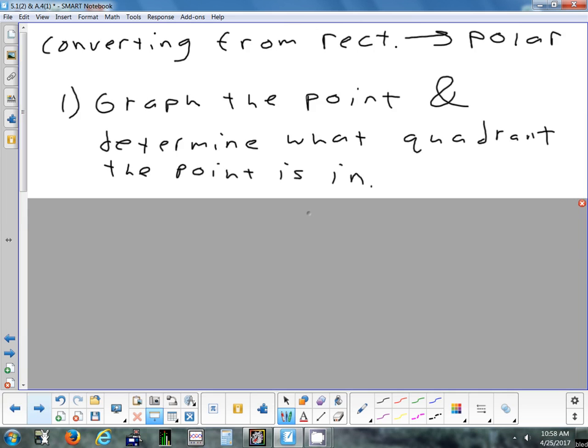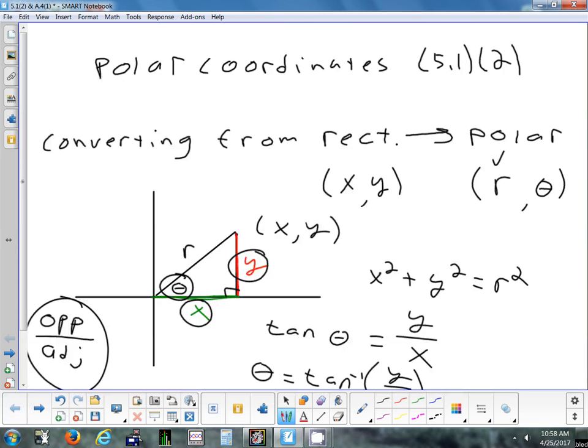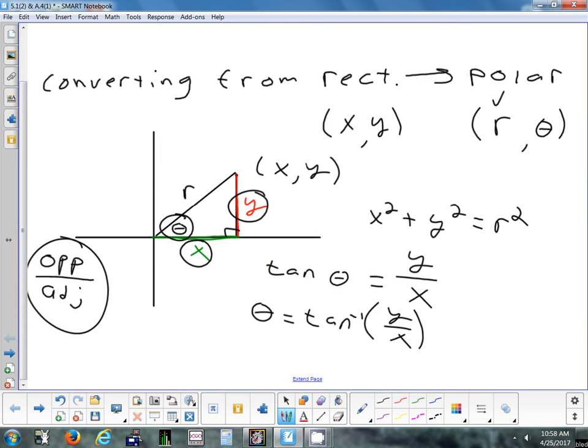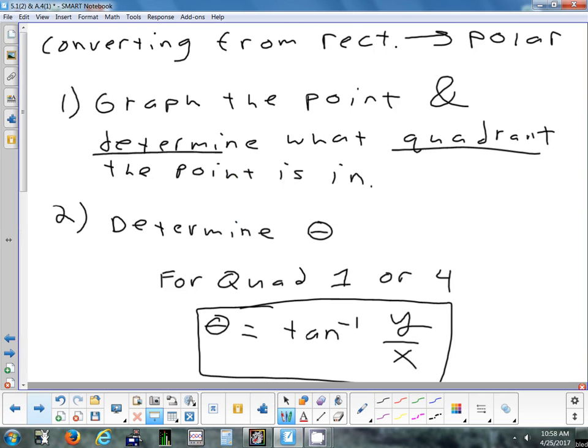So to convert from rectangular to polar, the first thing you have to do is determine the quadrant. If you can do that without graphing, unless the problem says to graph it, you really don't have to graph it. But you have to figure out the quadrant. Because when you're finding theta, the formula that I just showed you, this inverse tangent of y over x, works fine as long as you're in quadrant 1 or 4.